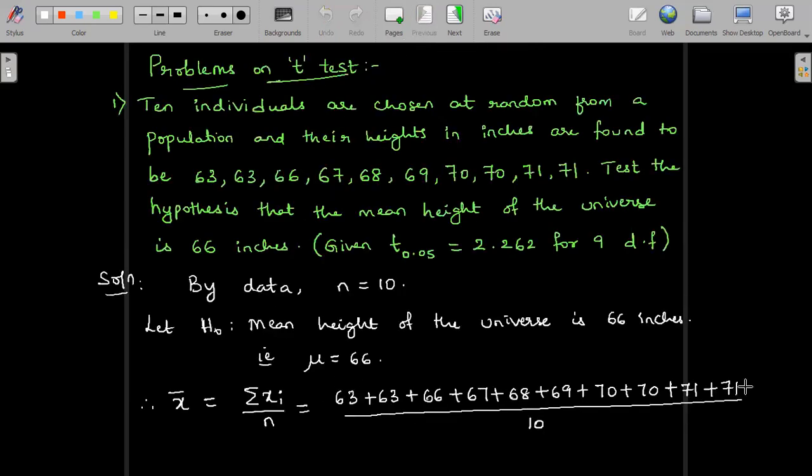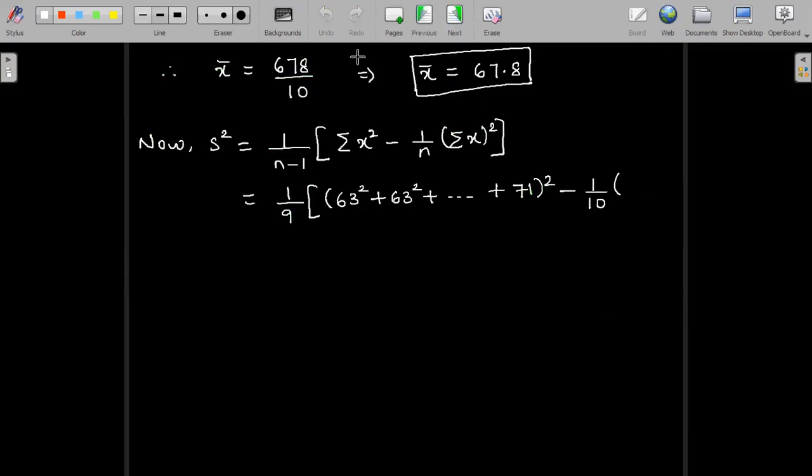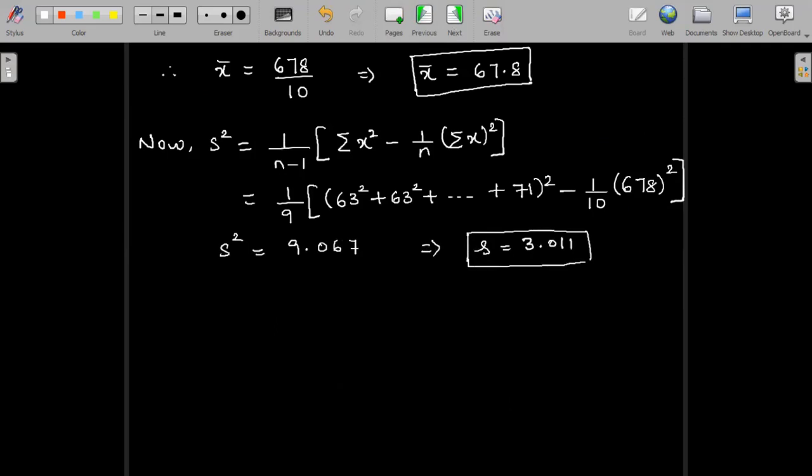Just now we saw sum of all x values gives us 678. So 678 whole square divided by 10. So this on simplification gives us s square is equal to 9.067 or s is equal to 3.011. Taking square root, we can obtain the standard deviation of the sample denoted by s.